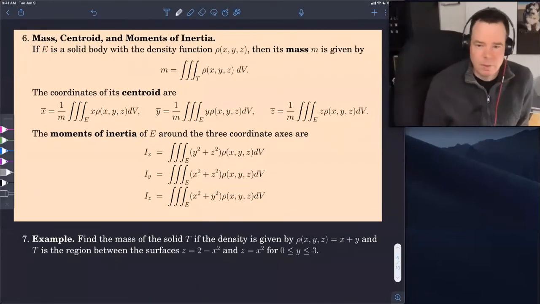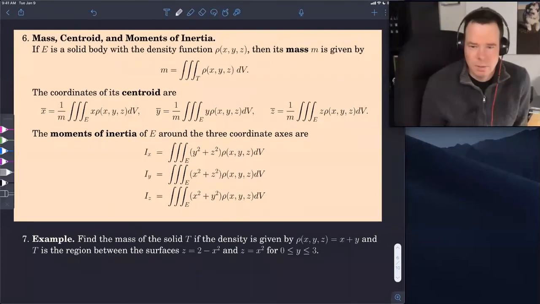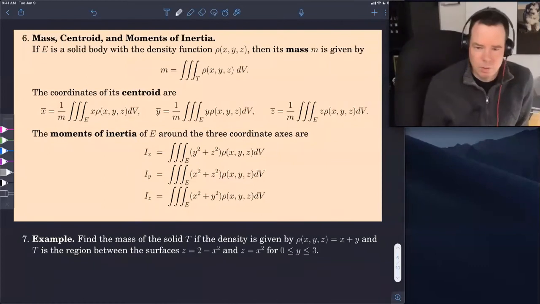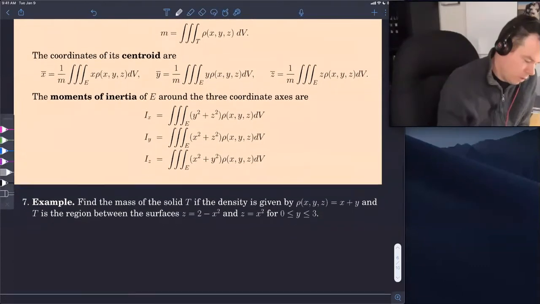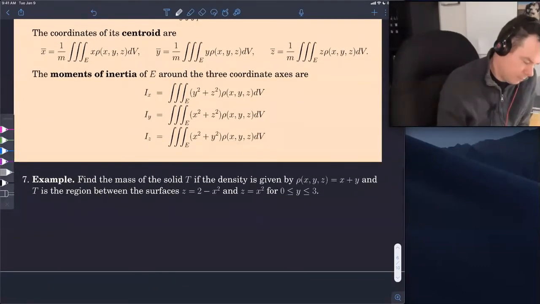Before we were doing them for planar lamina, so plates essentially with varying densities. We can do the same thing now for regions or for solid objects. And the mass is just the triple integral of the density function over the solid itself. So that's a triple integral, integrating over all the points that make up the solid. Centroids and moments of inertia are all defined the same as well. Just a natural generalization up one dimension.